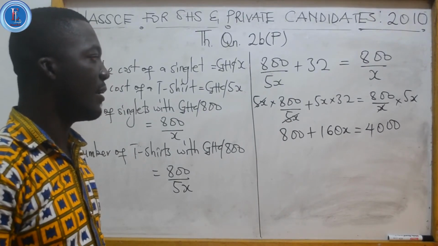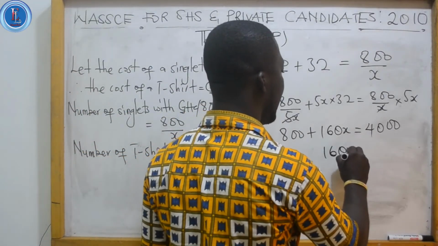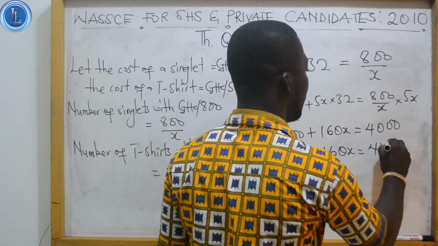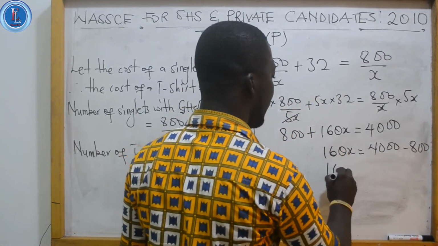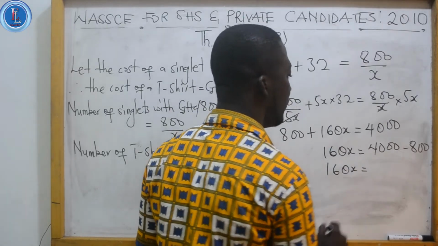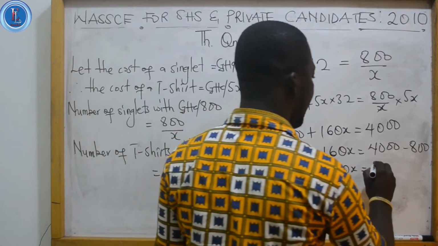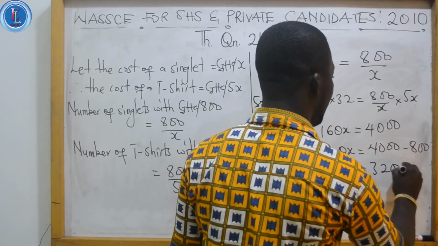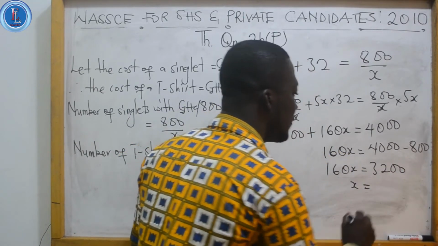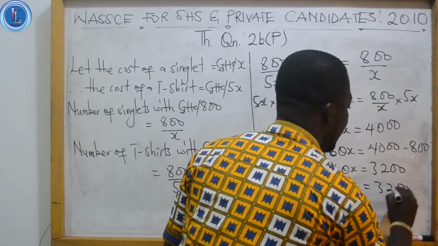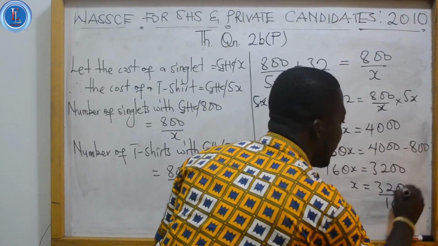The next thing we are going to do is group like terms. So 160x is equal to 4000 minus 800, which is 3200. So if you want to find x, you divide both sides by 160.